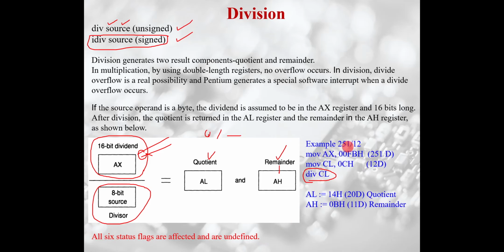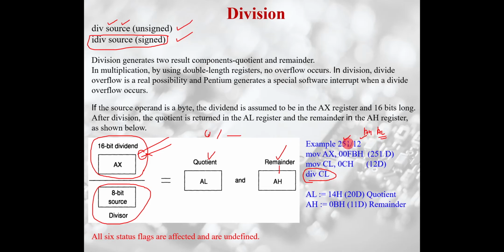Now if you take an example, if I have to divide 251 by 12. This is 8-bit information, so I can put it into the AL register. But if I do that, there could be some data available in the AH register from earlier, and when I do the division, if I don't set this to 0, it could result in a problem.